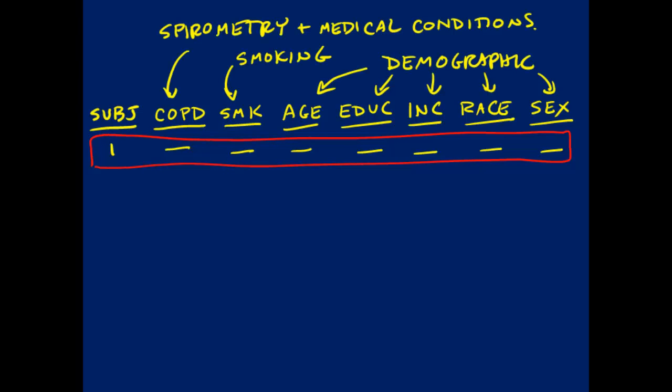For example, my information on COPD is in the spirometry data set. I'm also going to be using some information about medical conditions, more on that later. The smoking data are in the smoking data set, and the other variables are in the demographic data set.